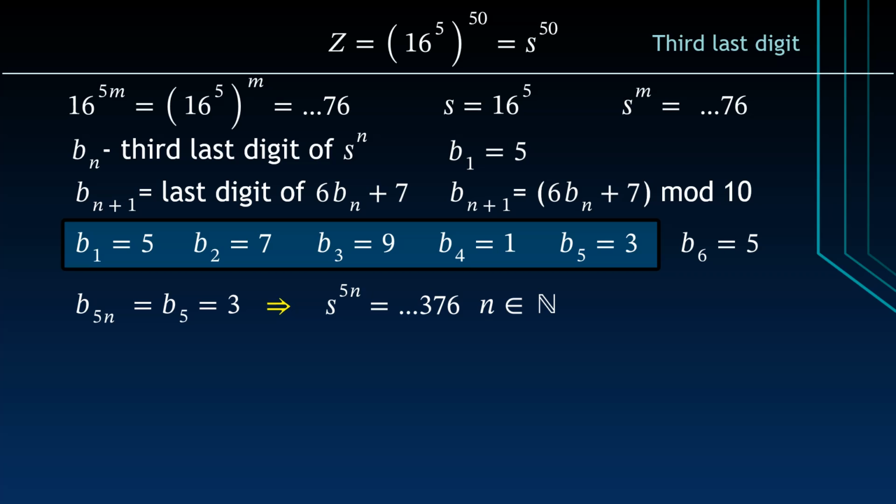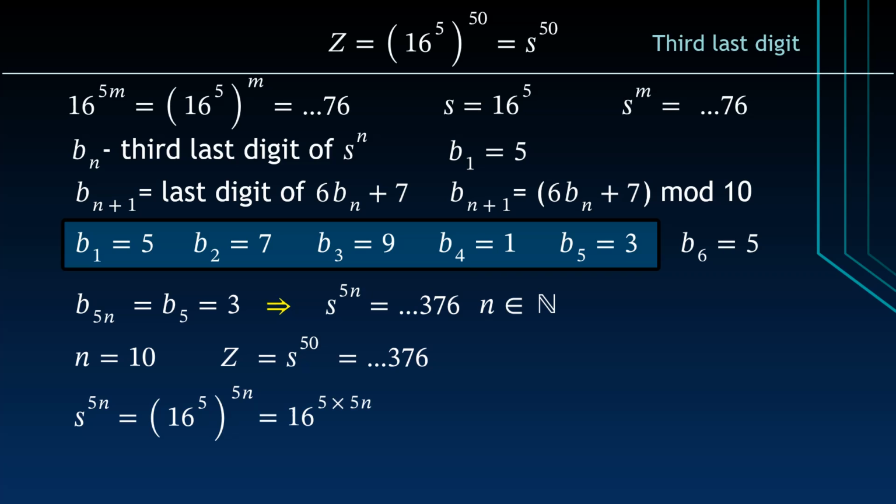In particular, taking n equals 10, we get that the 3 last digits of s to the power of 50, which is our target number z, are 3, 7, 6. The problem is solved, but there is something more to that. So let's explore s to the power of 5n by substituting 16 to the power of 5 for s.